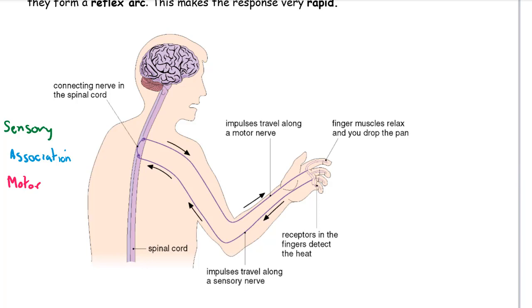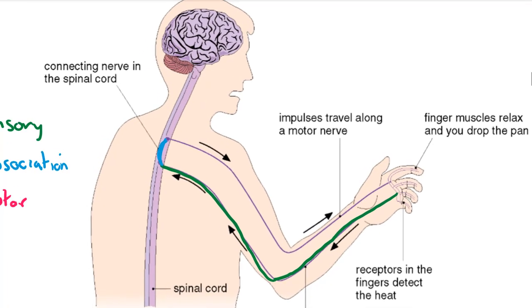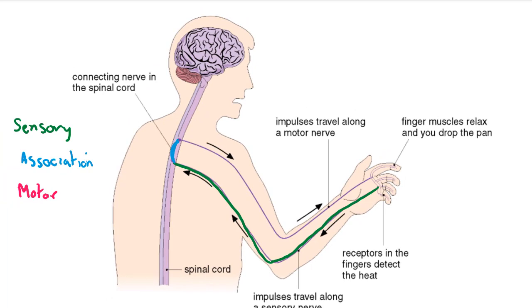So if we mark on the sensory neuron first, it goes from the receptors up into the spinal cord, where it joins with the association neuron, and then it joins on with the motor neuron, which goes to the effectors.